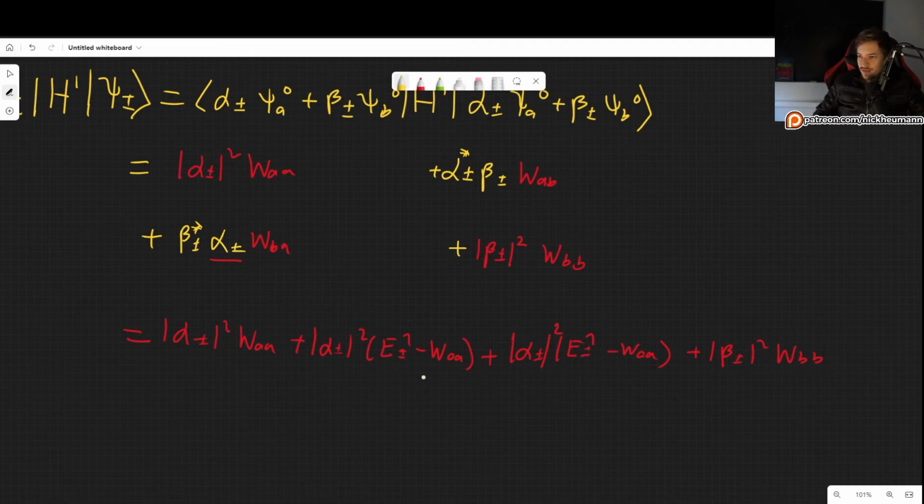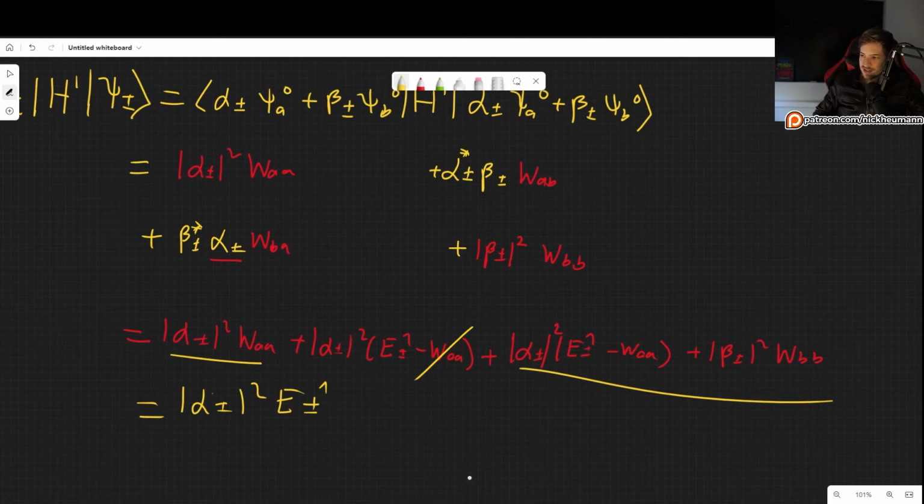We have quite a few things, because alpha plus or minus WAA, we will get that it cancels out here. And so let me show you. So this part cancels out with this. So we get alpha plus or minus squared E plus or minus 1. And then here, however, nothing cancels out. That is the problem. We can't do anything with this, right?